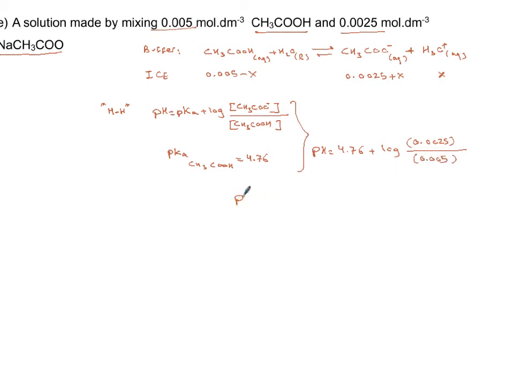So when you do the log, it becomes negative 0.3, and pH is equal to 4.46. An acidic buffer came to life.